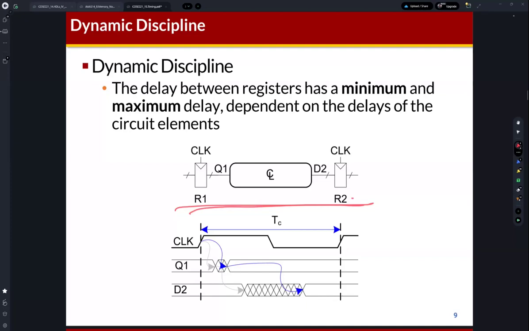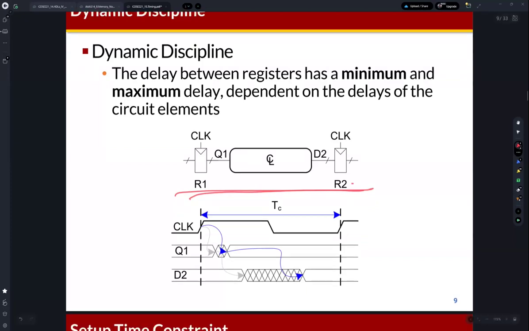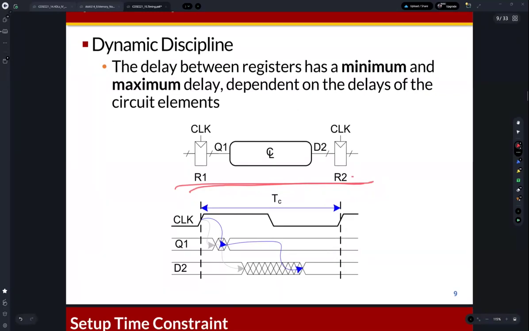Dynamic discipline means that, from this part, this is some input, some start point of this input signal, and this is the end point of this circuit, right?